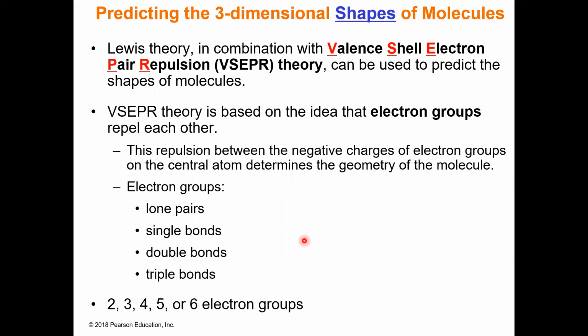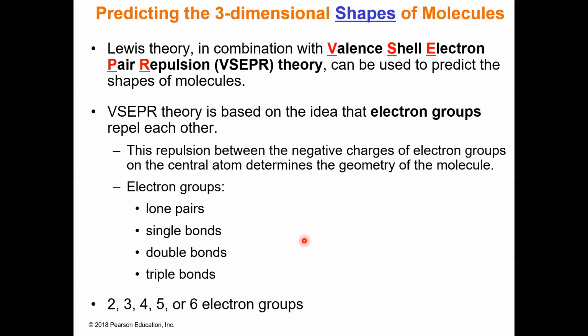So when we're predicting the three-dimensional shape of a molecule, we'll use the Lewis dot structure that we learned previously, and then we'll combine this with the valence shell electron pair repulsion theory, which is known as VSEPR theory. The valence shell electron pair repulsion theory is essentially taking into account that different electron groups or electron domains will repel each other.